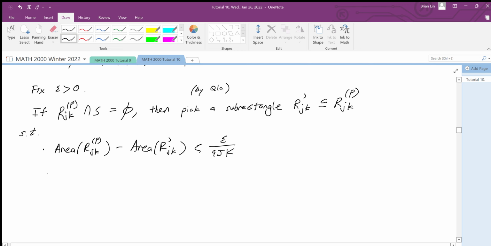And we also have it that R_jk prime intersect S closure is empty.